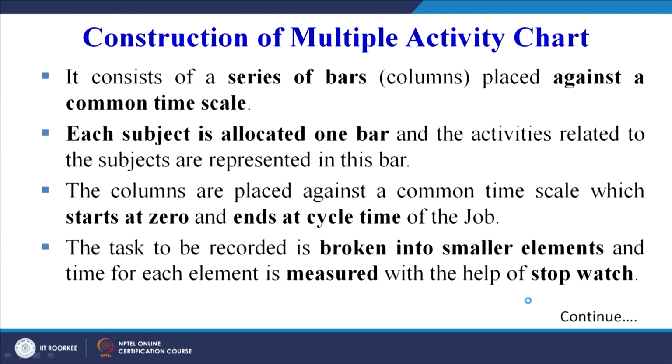The columns are placed against a common time scale which starts at 0 and ends at the cycle time of the job. For example, in the drilling case I have taken, 6 minutes is the total cycle time. So from 0 to 6 we can have graduations of 1 minute each. We can have one vertical bar representing what the machine is doing and one vertical bar indicating what the man is doing.